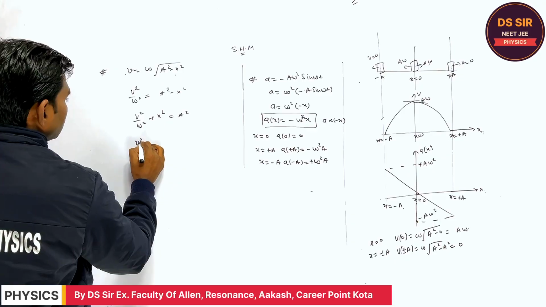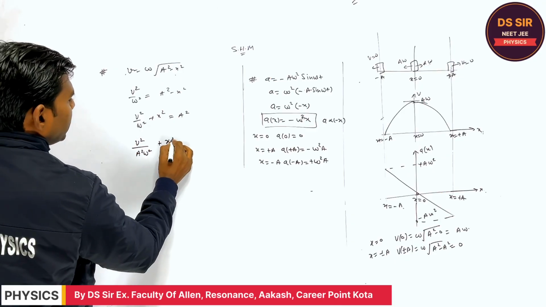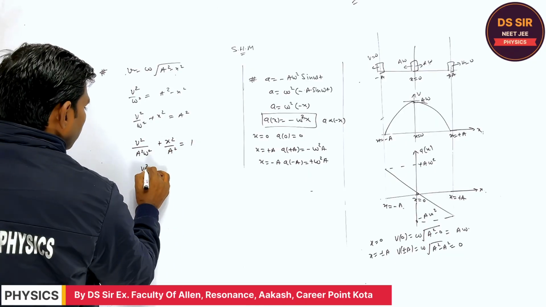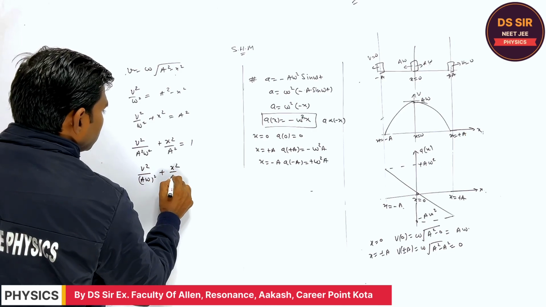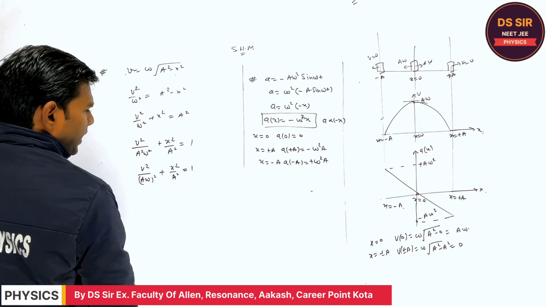So v square upon a square omega square, when it comes in the denominator, like this. Are you getting or not? So v square upon a omega whole square plus x square upon a square is equal to 1, right?